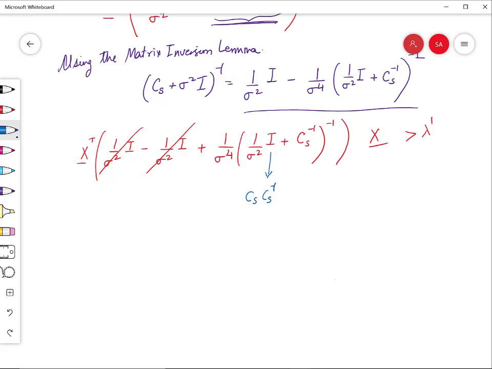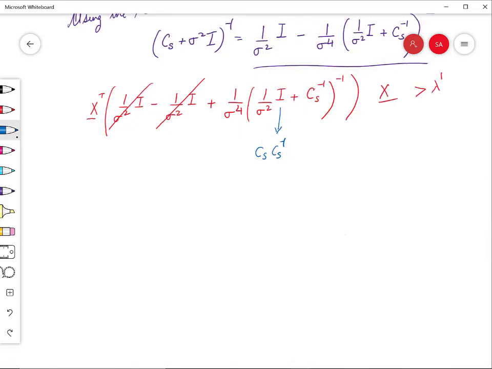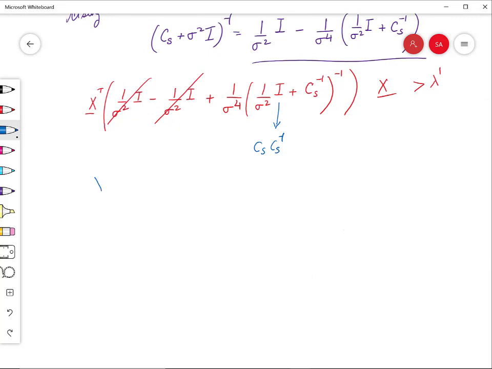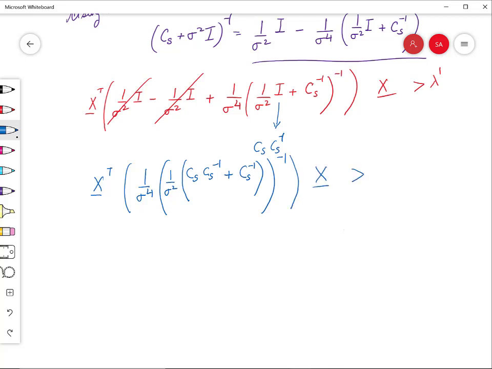We know that A inverse A is an identity, so I'm just going to replace this identity here with Cs inverse. So it becomes x transpose of 1 over sigma power 4, this is Cs inverse, and I'm going to take 1 over sigma square also outside. This becomes Cs inverse plus Cs inverse whole inverse times x is greater than lambda dash.